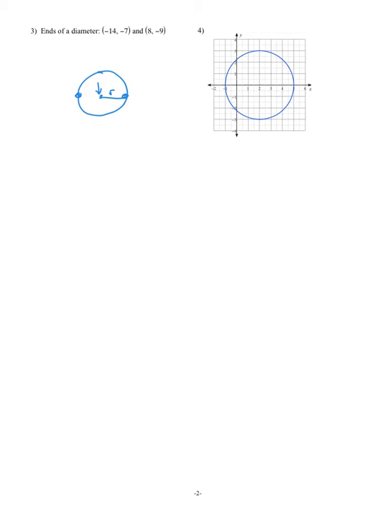So to find midpoint, it's average of the x's, average of the y's, so that's negative 14 plus 8 divided by 2, and that is negative 6 divided by 2, which is negative 3. That's your h. Let's put it down here. And your k is negative 7 plus negative 9 divided by 2, which is negative 16 divided by 2, which is negative 8. So k is negative 8.